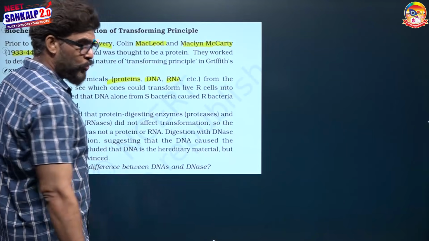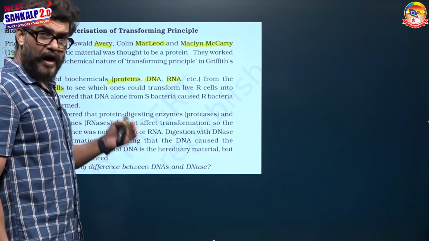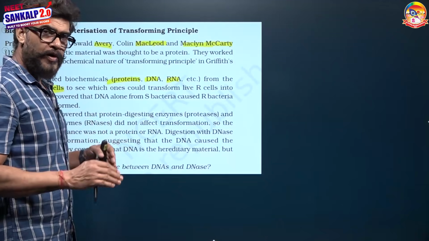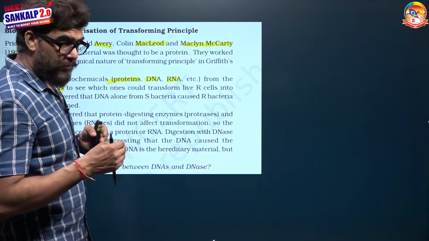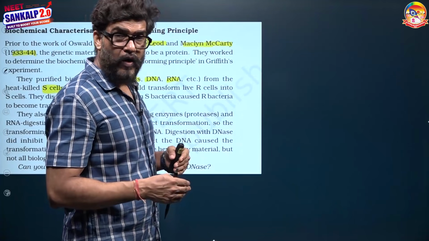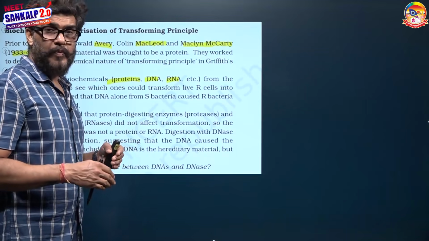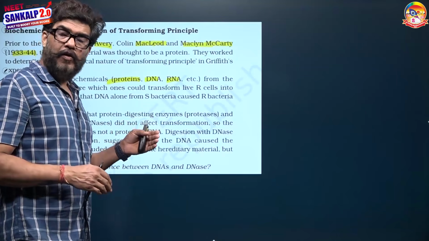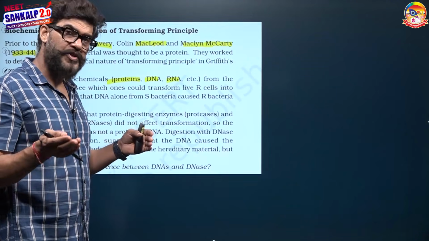Now they allowed the R strain to grow on the protein: no transformation. On RNA: no transformation. On DNA: transformation. Then they used protease enzyme along with the DNA of the heat-killed S strain, and transformation happened.